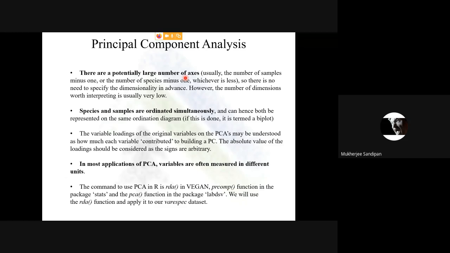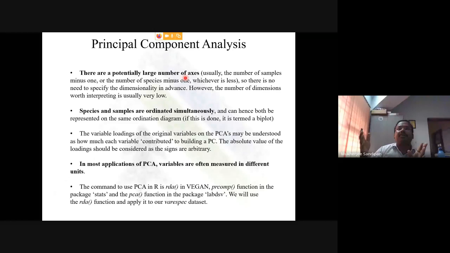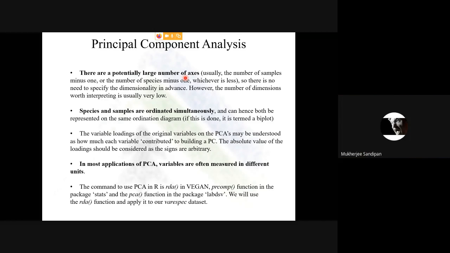But if you link that with elevation, and the unit of your elevation is meters, it can be 4,000, 5,000, 8,000, 9,000. So there is a mismatch between the scales of your data. When there is a mismatch, you need to do a normalization of your data set. That is a very important part of PCA analysis.